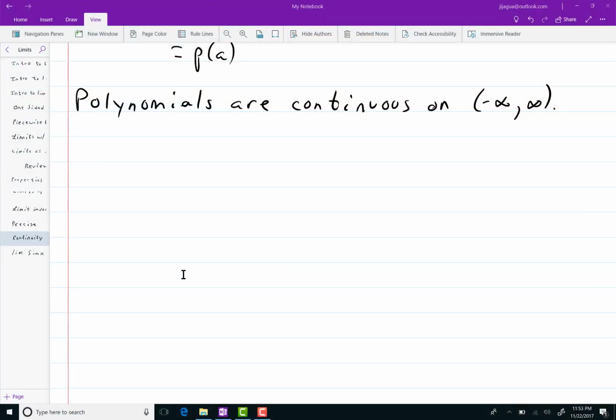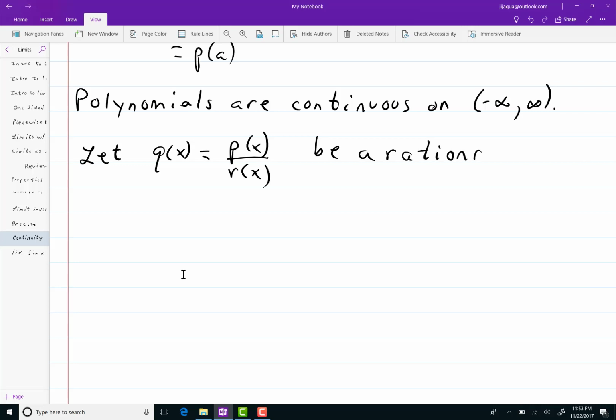Rational functions. Suppose you have a rational function. Let's call it q(x) equals p(x) over r(x). So p(x) and r(x) are both polynomials.